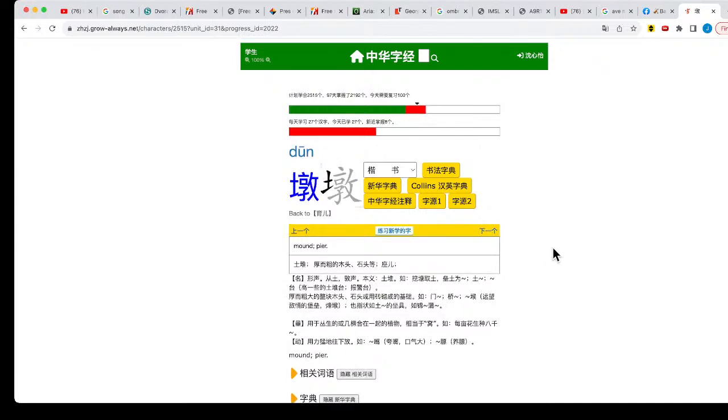Next, 墩 means a pier, a mount. Basically it's a base, a foundation. In ancient days they piled the dirt up and hammered it to make it solid.